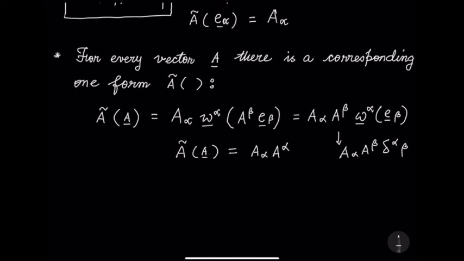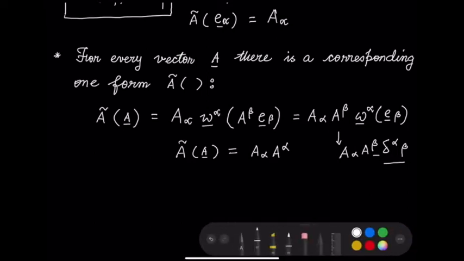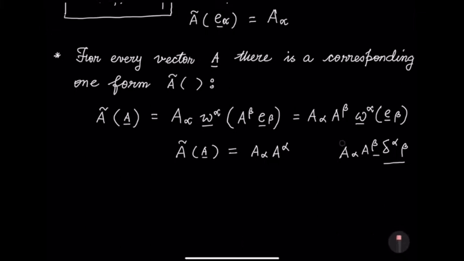If I do the sum over beta, for example, then when beta is not equal to alpha, this quantity is 0. So only those terms will survive where beta equals alpha, and that comes only once. And there I can just write alpha for this beta. So that gives me A_alpha A^alpha. So that is just a short workout.